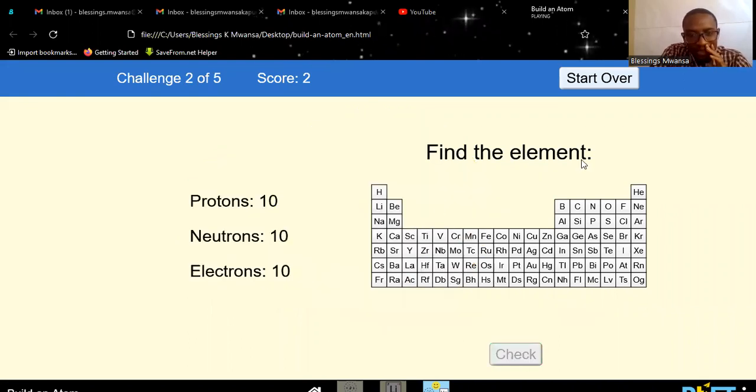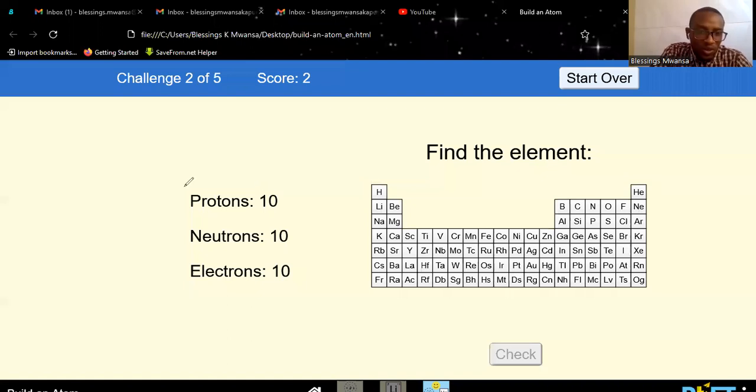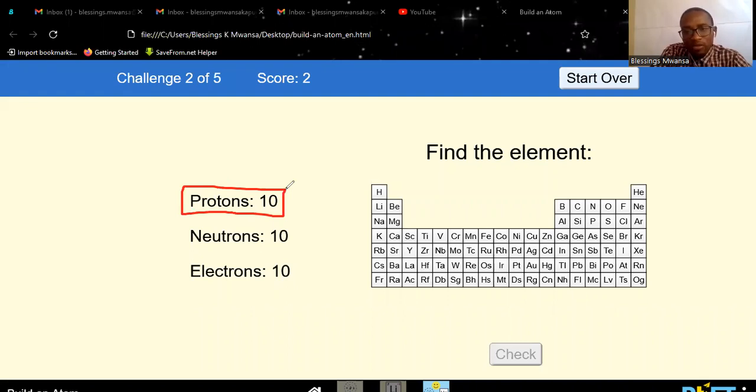Find the element. So the element is always determined by the proton number. If you want to know the location of an element on the periodic table, you locate an element using the proton number. So I will find number 10. Which one is number 10?